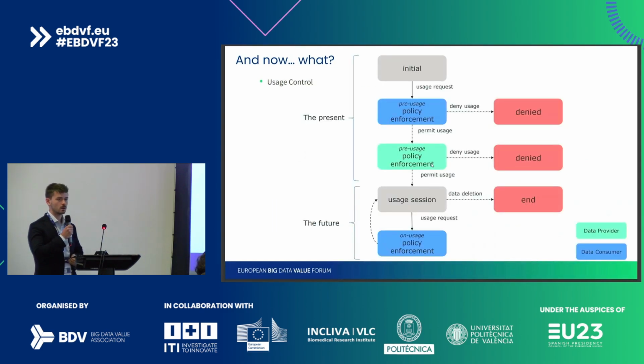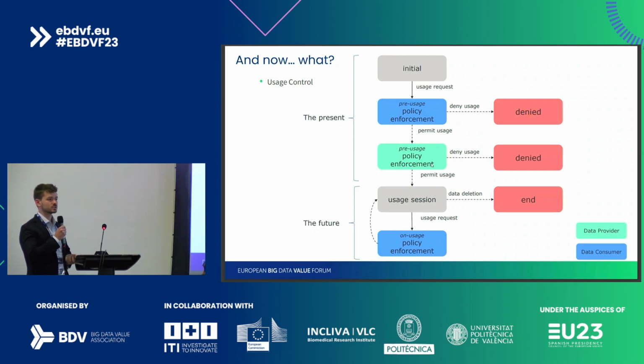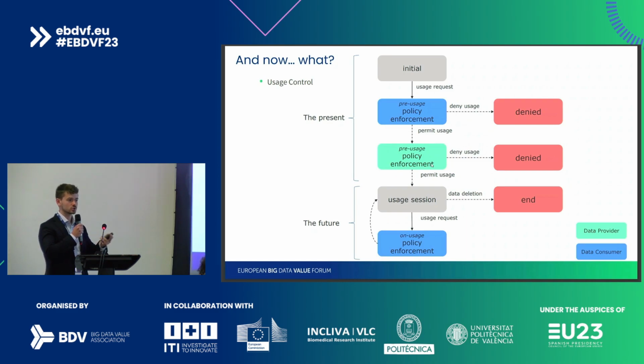And finally, another key element in order to ensure trusted data sharing is usage control. Nowadays, what the EDC implements in the connector is what I call the present usage control, so that the agreements are enforced at data access, not only on the data consumer side but also on the data provider side.